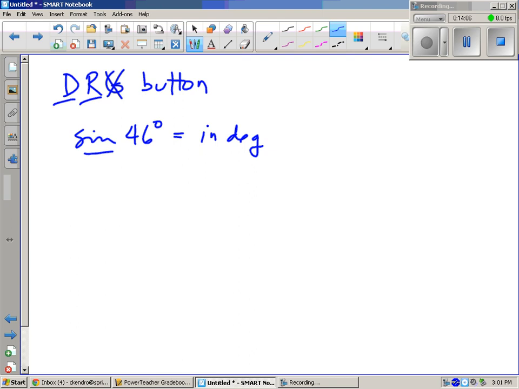You hit the sine button, you hit 46, you hit equal, and I get 0.7193. So why don't you check that? If you have a little degree symbol, that means you have to be in degrees. If you don't have a degree, let's say it was just sine of 46, that means it's in radians. Just notice the difference. If there's no degree circle, then it's in radians.